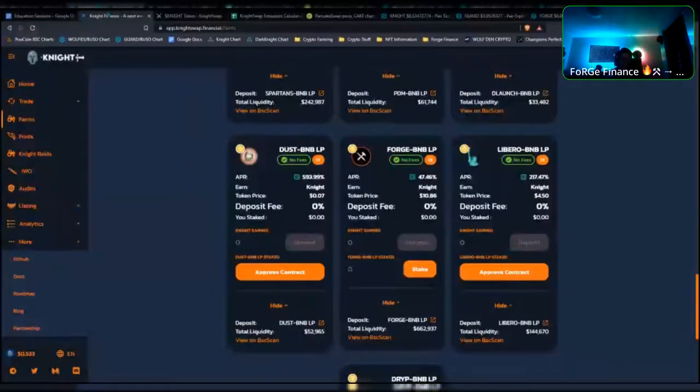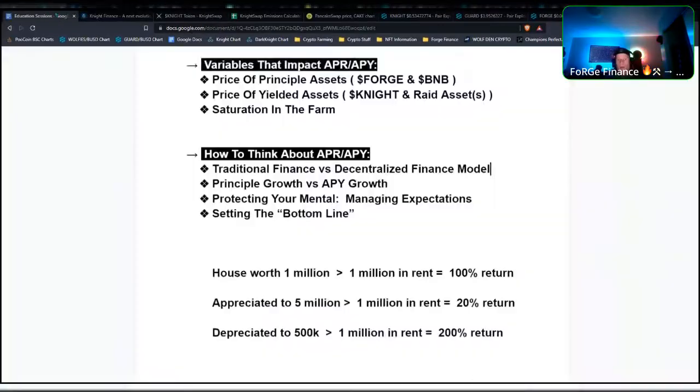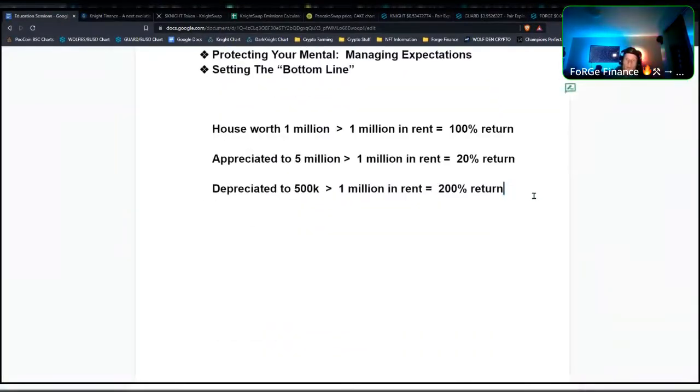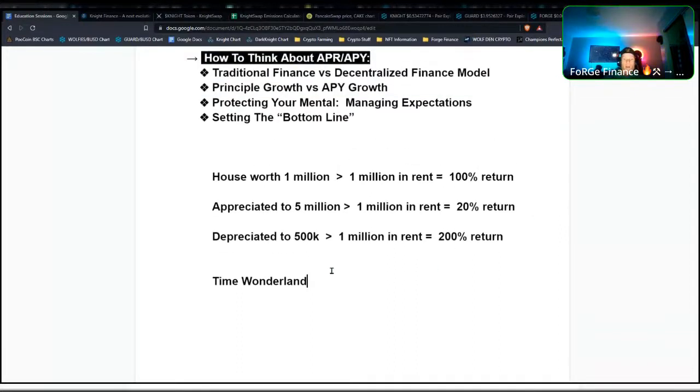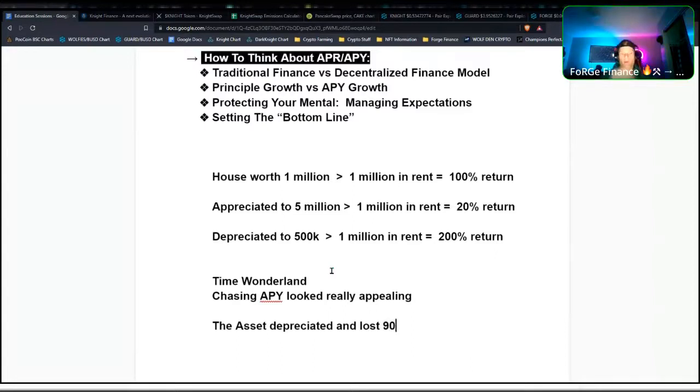Well, a great example of why you shouldn't chase APY is what happened with Time Wonderland. I don't know if you guys are familiar. If you're not, go look it up. I'm not going to go into depth on it, but essentially people were chasing APY because it looked really appealing. Then the asset depreciated and lost, I don't even know, somebody can chime in and let me know if I'm off, but it was over 90% of its value in a few days.